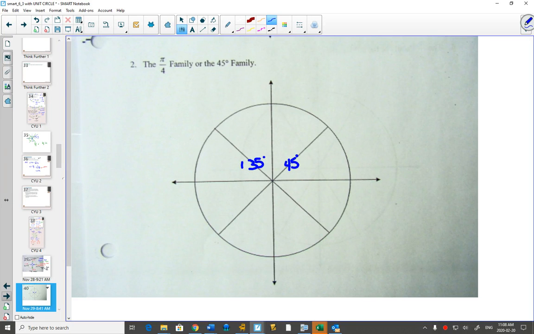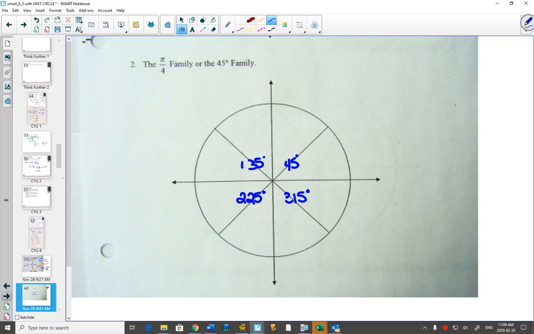In quadrant 3, 225, 180 plus 45. And then in quadrant 4, 360 minus 45, 315 degrees. So all 4 of those angles have a reference angle of 45 degrees.